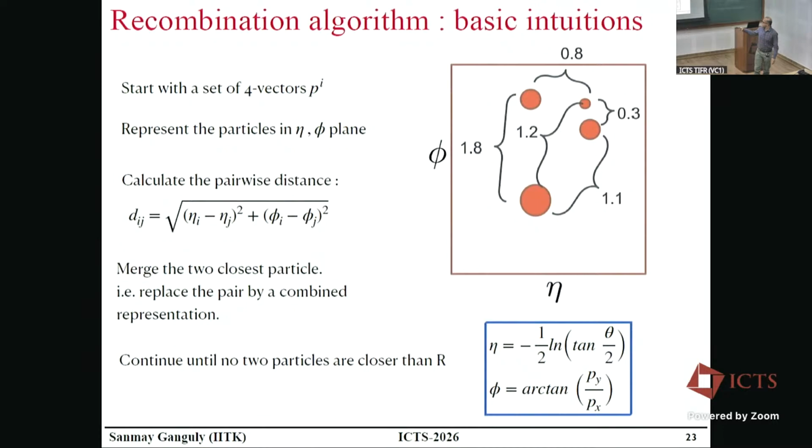No. In fact, we will see soon, when we talk about anti-kT and things like that, we will modify the definition of this metric. The whole point is, if I give you two particles, you should give me one number back as the placeholder for the distance between those two particles. And based on which two particles are closest by your constructed distance, we will do the clustering.